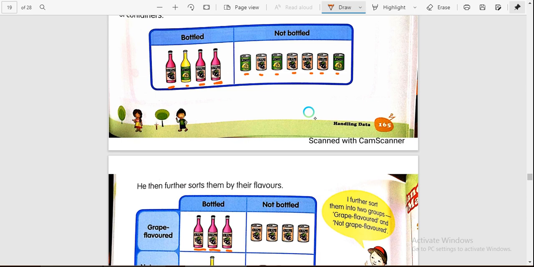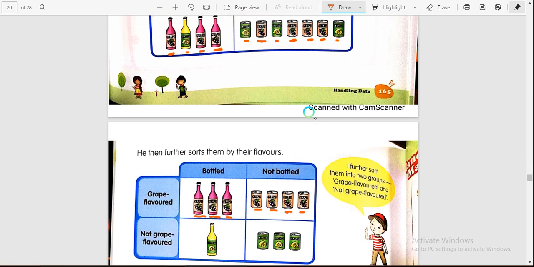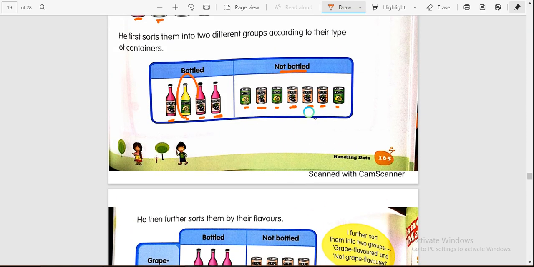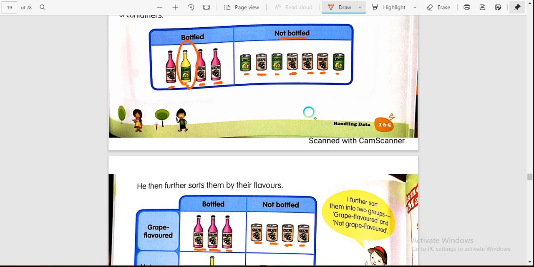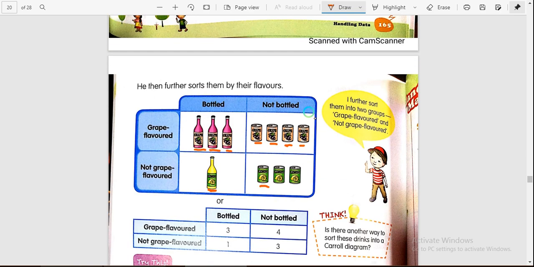And in the other part, not bottled, the grape ones are 1, 2, 3, and 4. So here we have 4 grape flavored and not bottled. Sorry, not grape flavored, here we have 1 only. And in the other part, not bottled, we have 1, 2, 3. So we have 3 not bottled and not grape flavored.